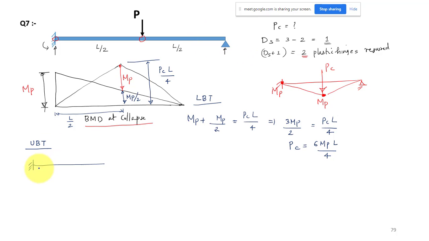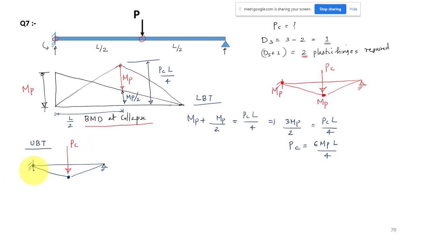But one plastic hinge will form at the fixed support, and the next plastic hinge will form at the load point. Wherever the concentrated load is acting, you will definitely have a peak moment, and at that point a plastic hinge will form. So this is my collapse load and this is my mechanism.